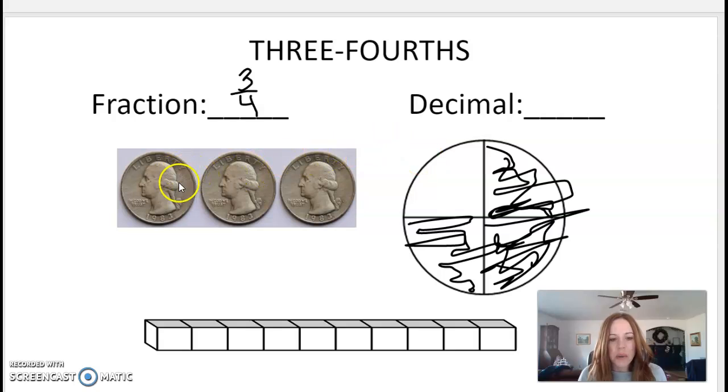Okay, so now let's think about our 3/4 as a decimal. We know from our previous notes that 1/4 is the same as 25 cents. So 3/4 must be the same as 75 cents. How do we write 75 cents?